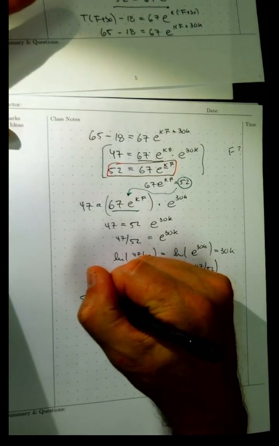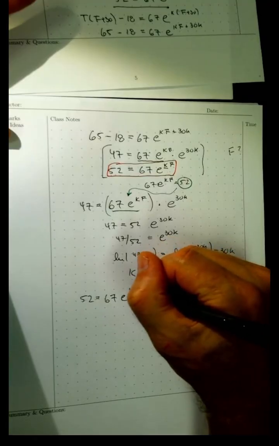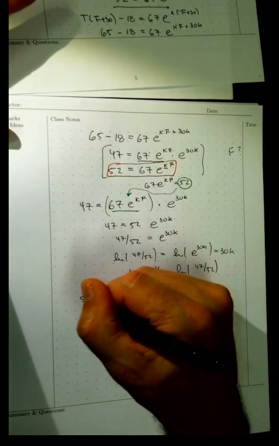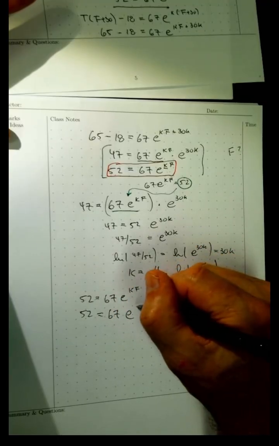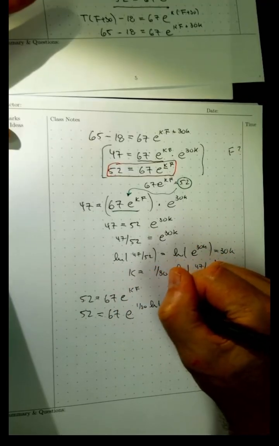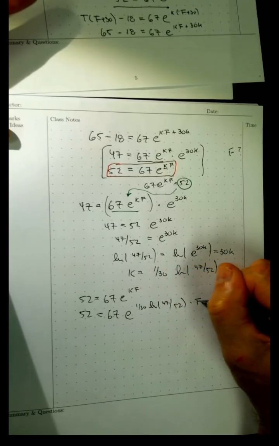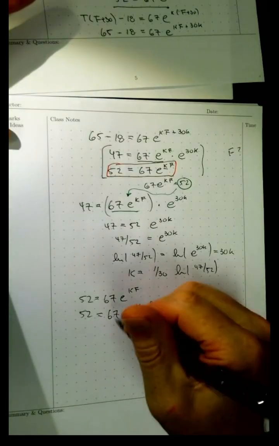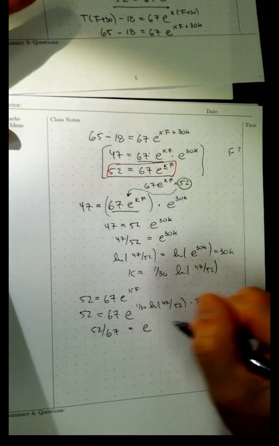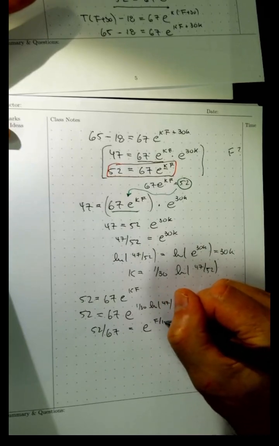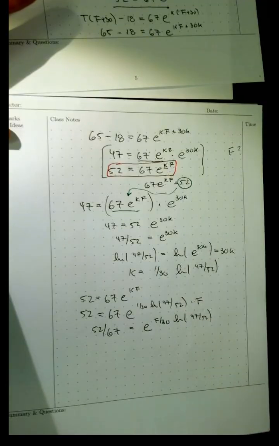So I have 52 equals 67 e to the kf. So k is 1/30 log of 47 over 52 times f. Let me divide the 67 by both sides. So this becomes e to the f over 30 log of 47 over 52.